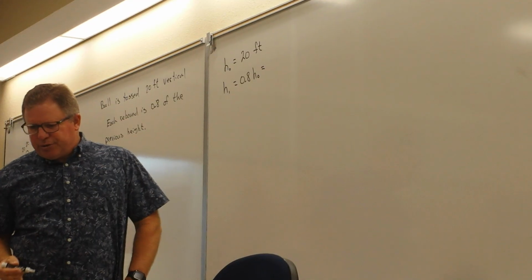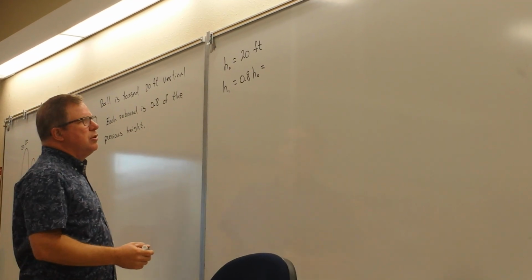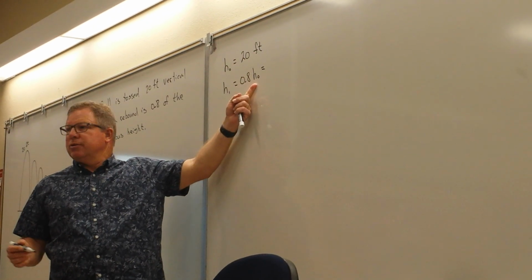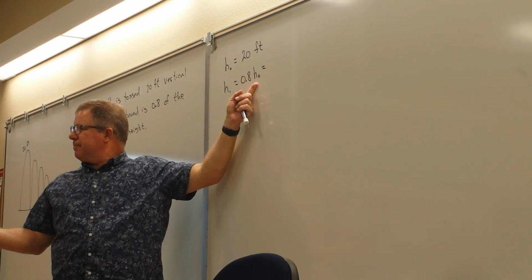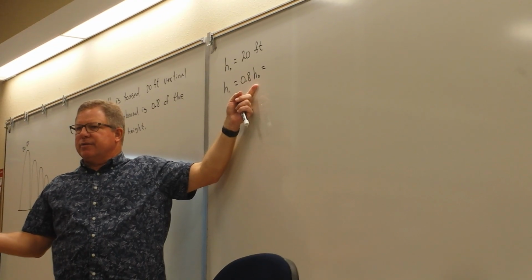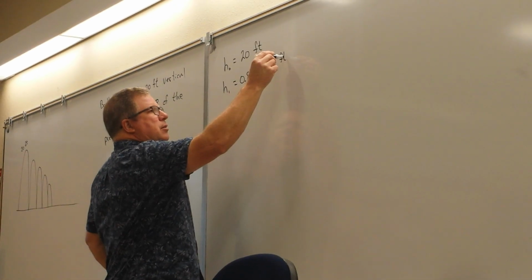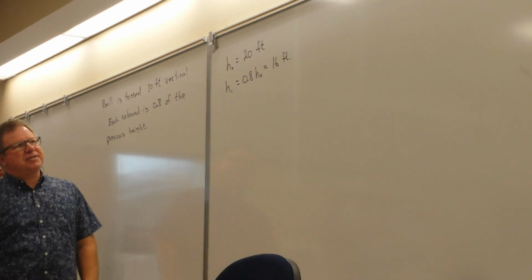Okay? 0.8 times h naught, which that would be 0.8 times the 20, which is how much? 16. So the first rebound is 16 feet.